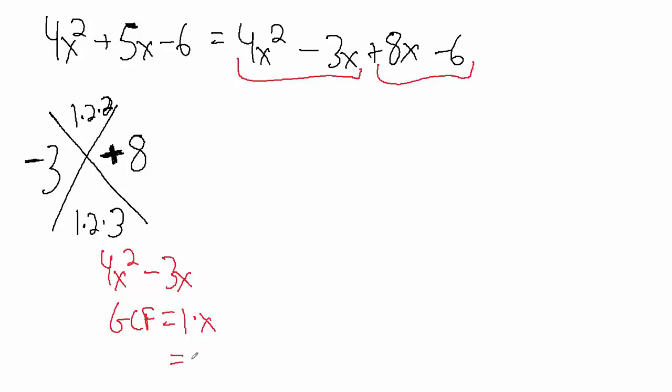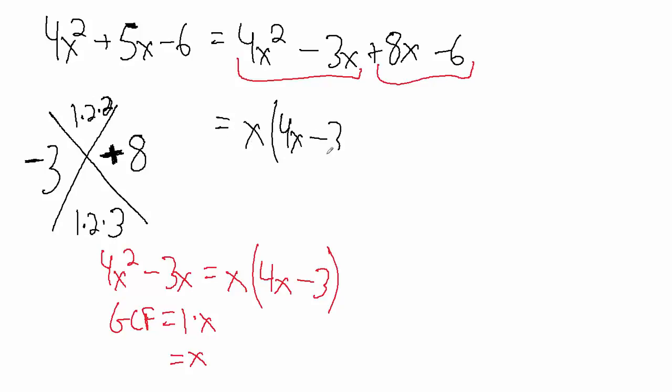So the GCF of the whole expression is just x. Now what happens if we pull an x out of there? If we have a 4x squared and we pull out an x, then we're left with a 4x. Then here, minus 3x, if we pull out an x, we're left with the minus 3. So then what we have so far is x times the quantity 4x minus 3.